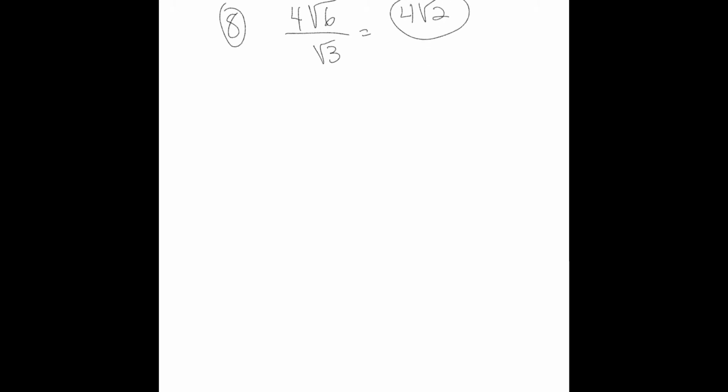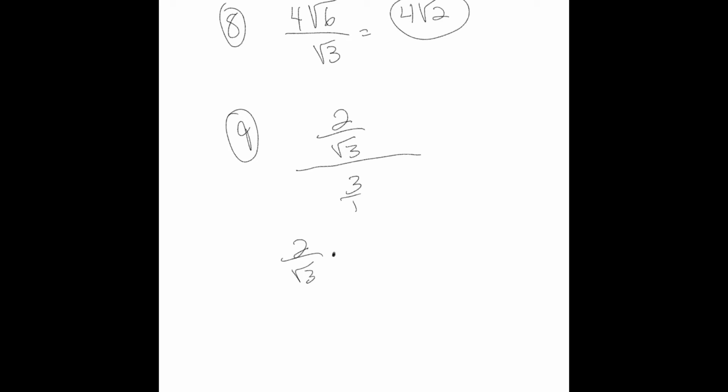And another thing you will see on this worksheet is dividing fractions, like you might see 2 over root 3 divided by 3, or something like that. How do you do 2 over root 3 divided by 3? When you divide, you're just multiplying by the reciprocal. So if I put 3 over 1, this is a fraction divided by a fraction, so you're multiplying your numerator times the reciprocal of the denominator.